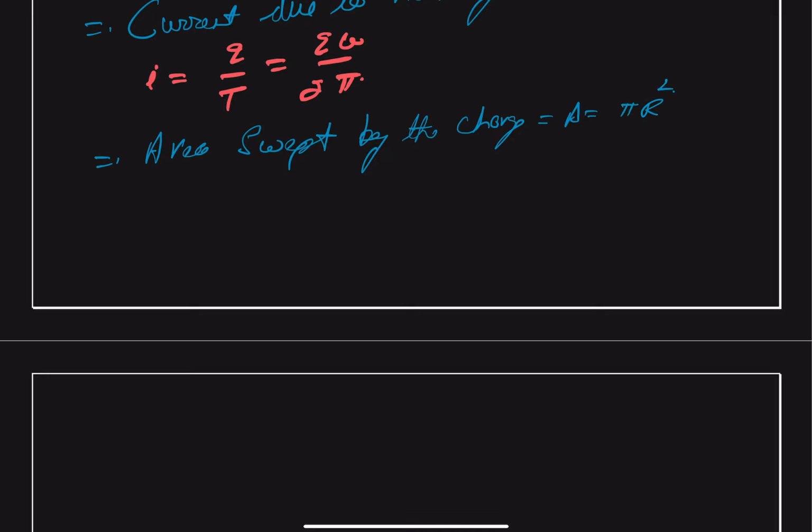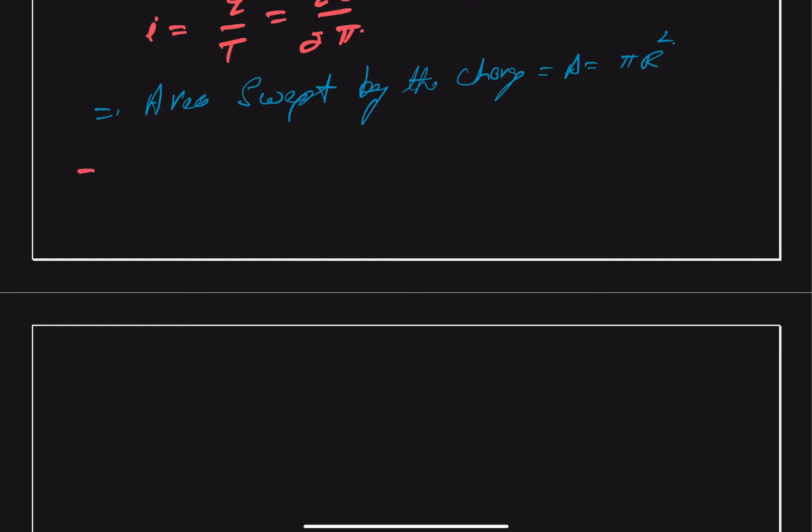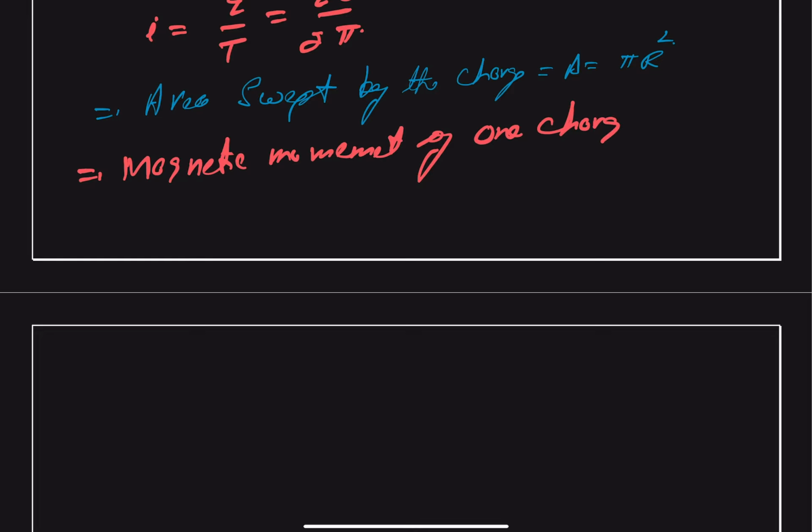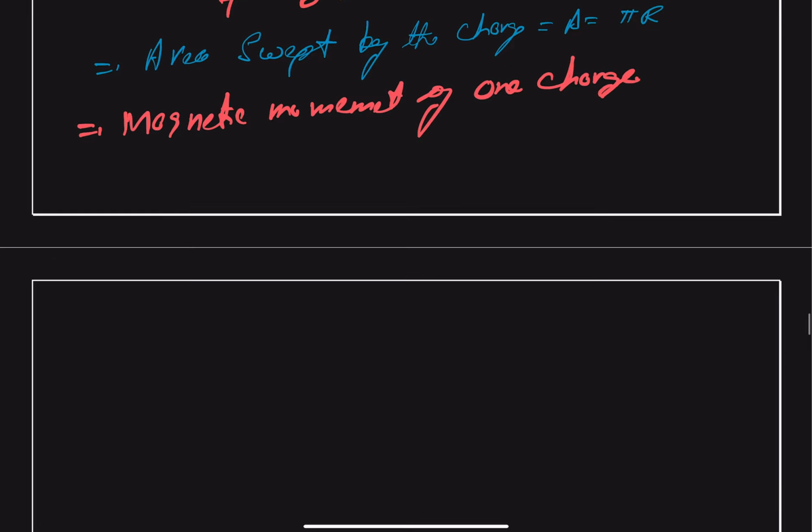So the magnetic moment of one charge will be equal to I multiplied by A, and our I is q omega upon 2 pi, area is pi r square. So this comes as half q omega r square.